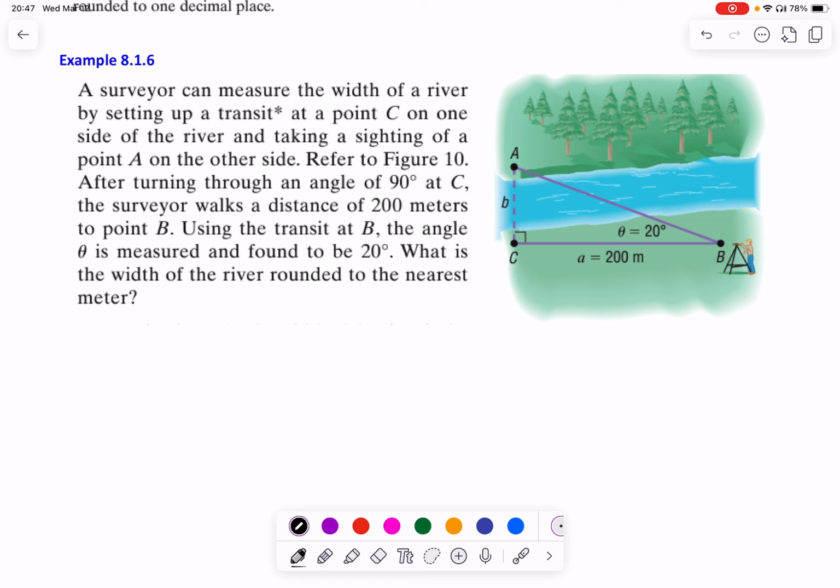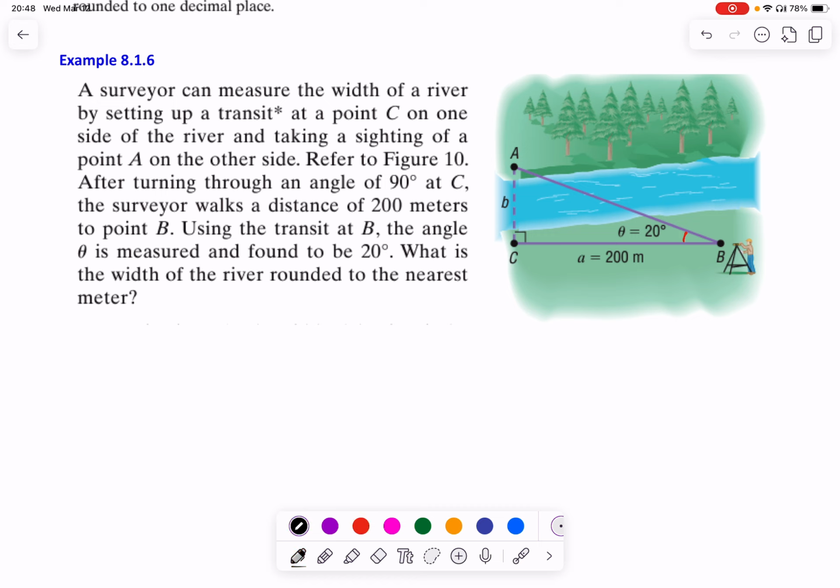So we can see here that if this is our angle right here, then B is the opposite side and A is the adjacent side. So we're dealing with opposite and adjacent.